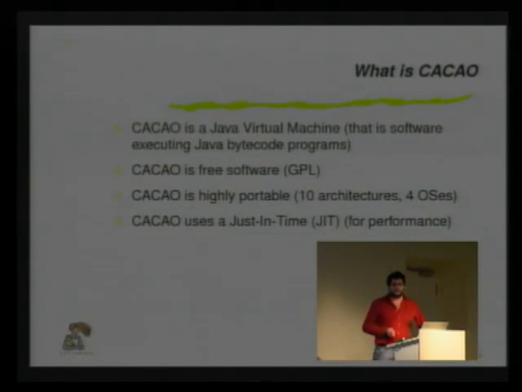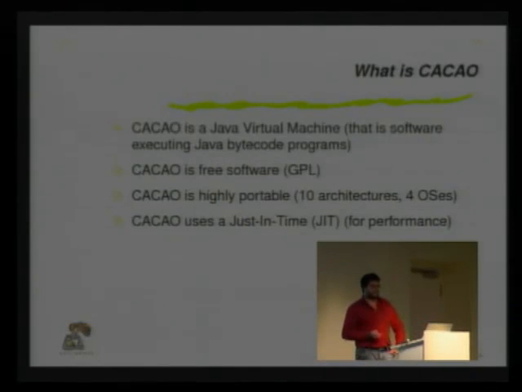Cacao is free software, it's GPL licensed, and it's available for 10 hardware architectures and 4 operating systems. Not each hardware architecture has each operating system, but it's a highly portable Java virtual machine.